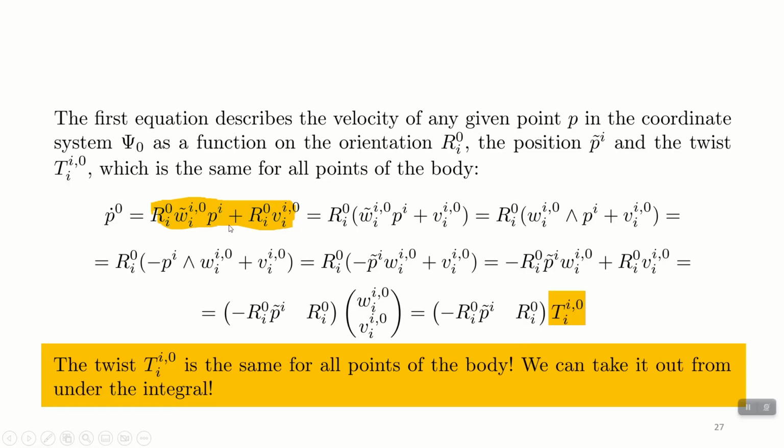So the sum of them. So here we can take the R. This is the R. We have angular velocity in skew-symmetric form times P plus linear velocity.